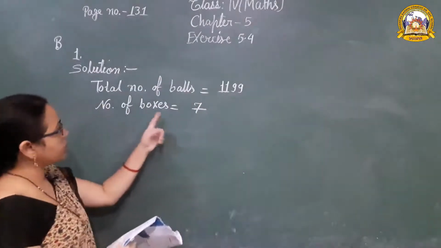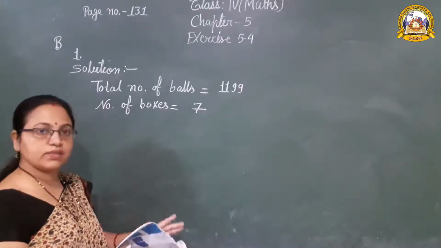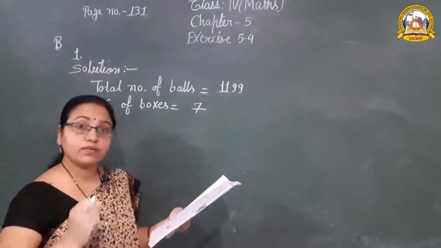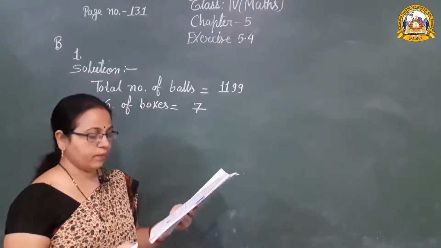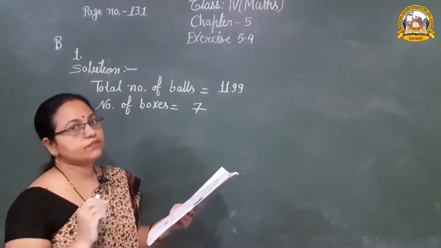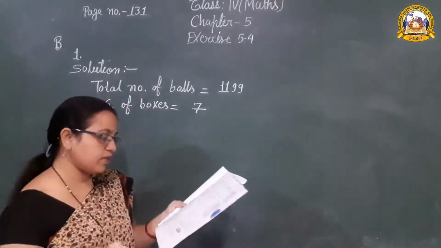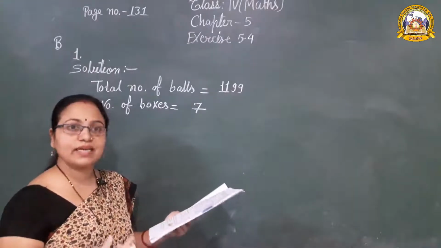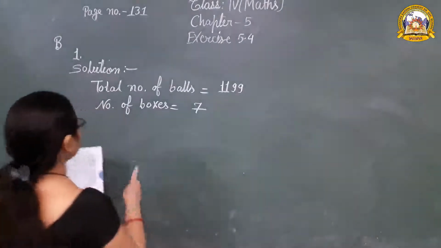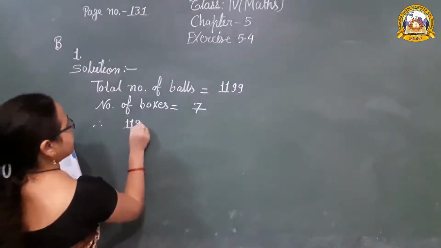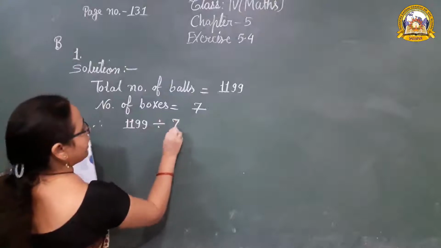How many boxes? 7 boxes. And each box can hold an equal number of balls. So how many balls will be there in each box? हर एक box में कितनी balls आएगी ऐसा पूछ रहे हैं. That is why 1199 divided by 7.